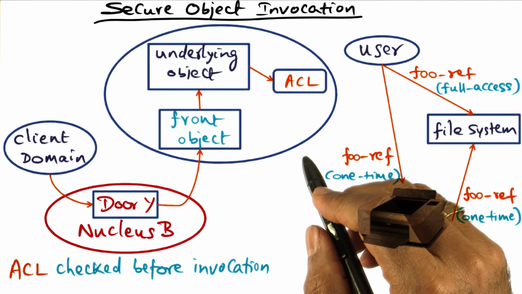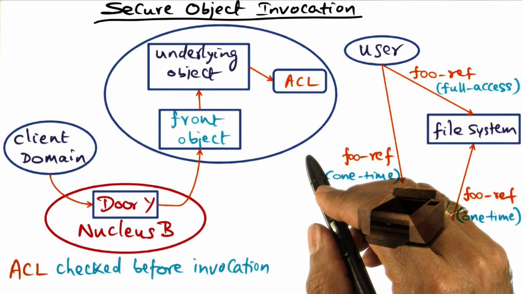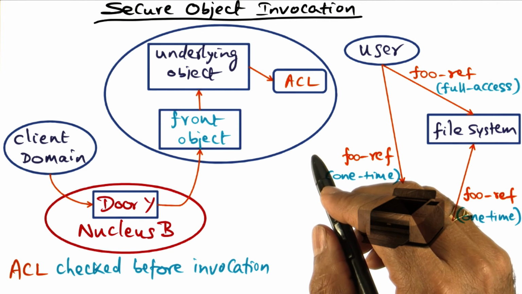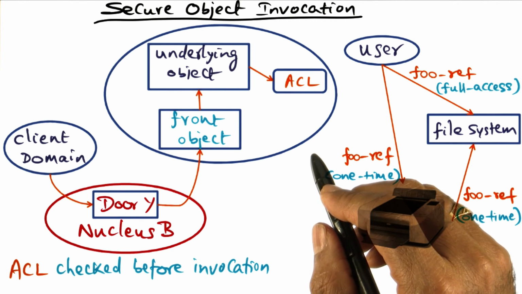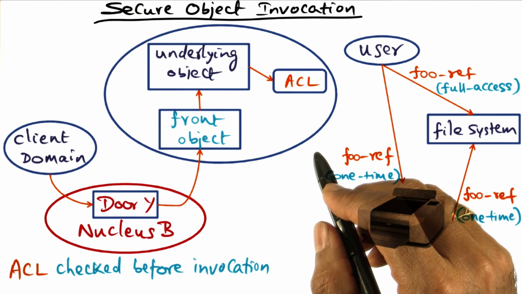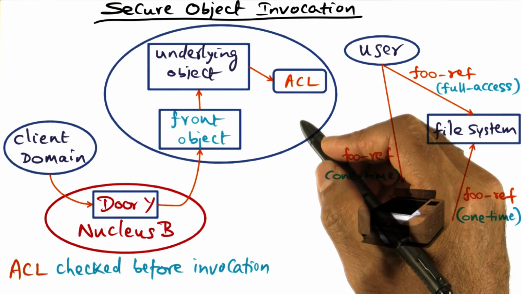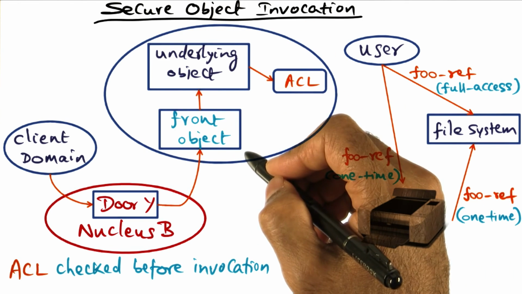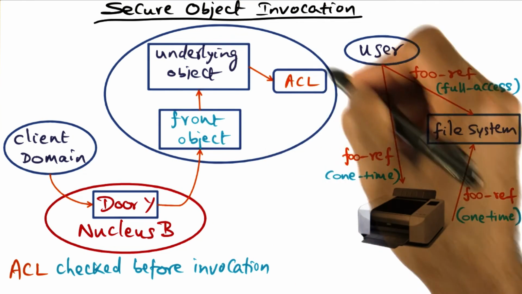So we've seen how object invocation can happen efficiently through the door mechanism and the thread handoff mechanism that I mentioned within a single node, and it can happen efficiently across the network through the proxies, and it can also happen securely by the fact that you can associate policies in front objects that govern access to the object.